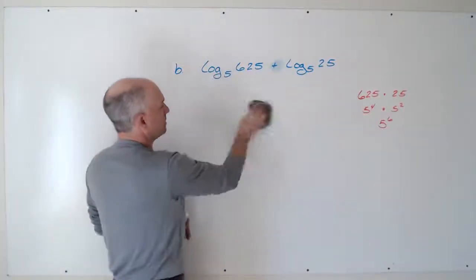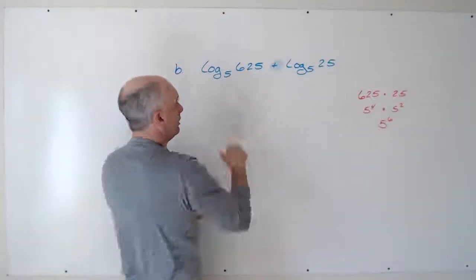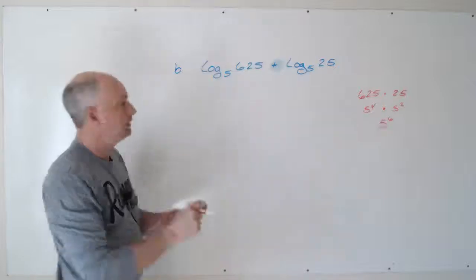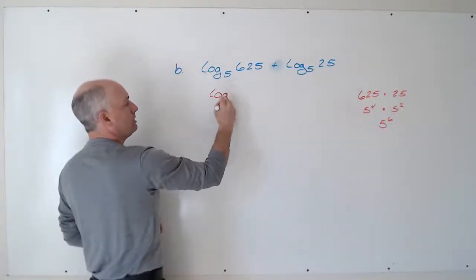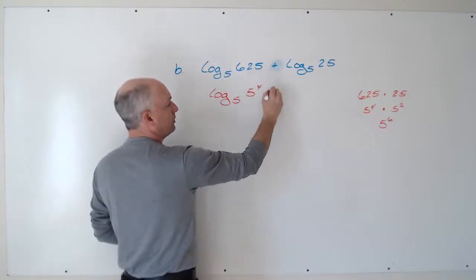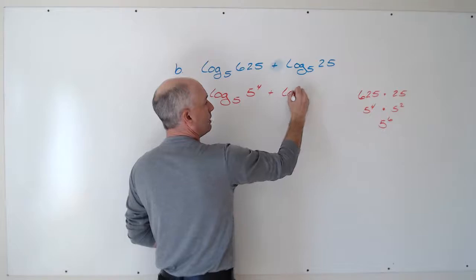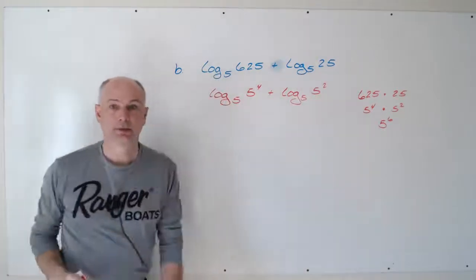Some of you might have looked at this and said, hey, wait a second. If I know that I've got log base 5 of 625, and I know 625 is 5 to the fourth, could I do this? Could I say log base 5 of 5 to the fourth plus log base 5 of 5 squared?